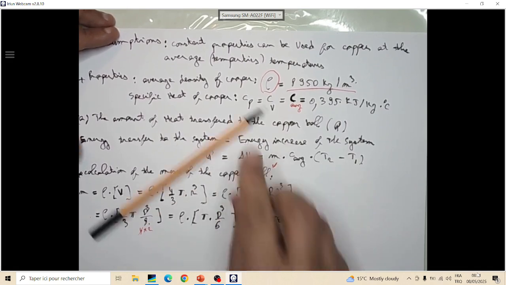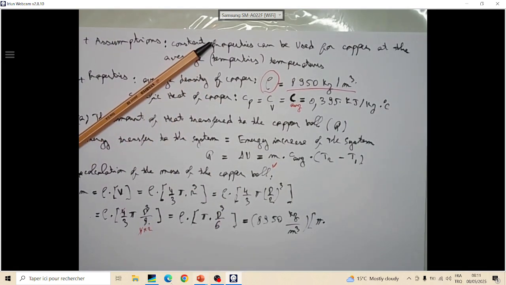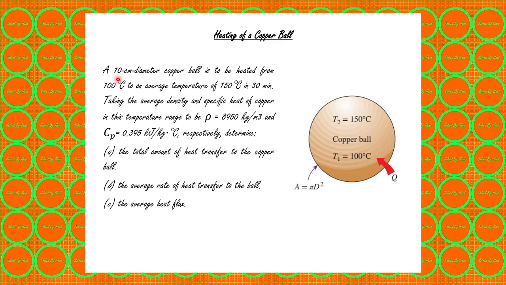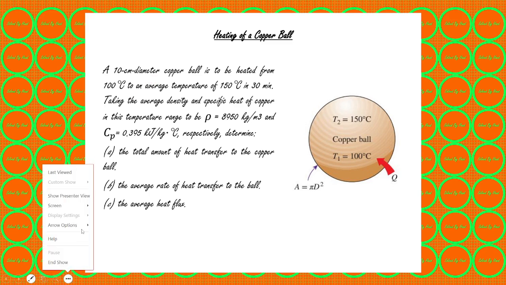So what is the value of the diameter of the ball? A 10 centimeter diameter. So the diameter of the copper ball is 10 centimeter, which is equal to 0.1 meter. So I will go back again to my paper.